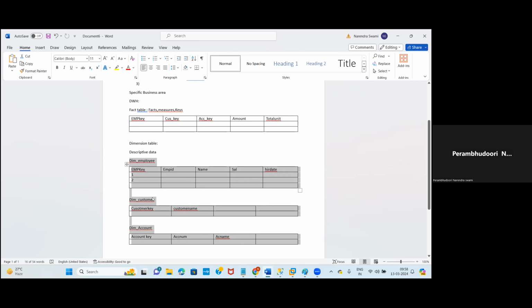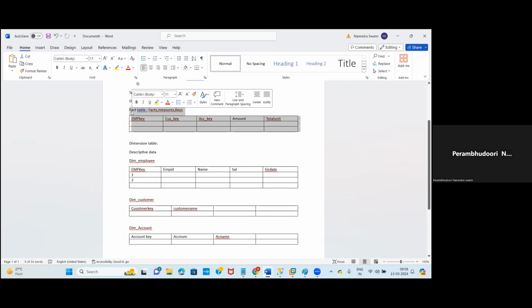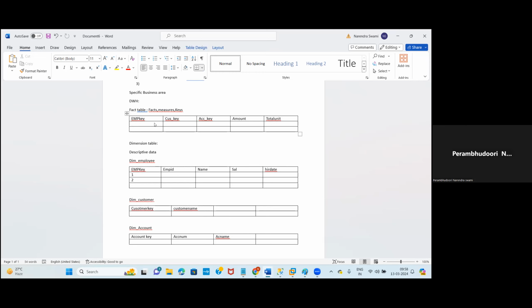So if you want to look into all these tables, here we will have a fact table utilization. This fact table is going to connect all the tables, and we can do some analysis. That is the use of that one. Suppose this is 101, this is 201 customer, and account is something like 301. We have employee key 101, customer key 201, and account key 301. Looking at the data, employee key is 101, and we know the employee details.